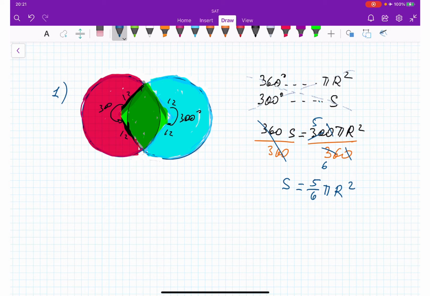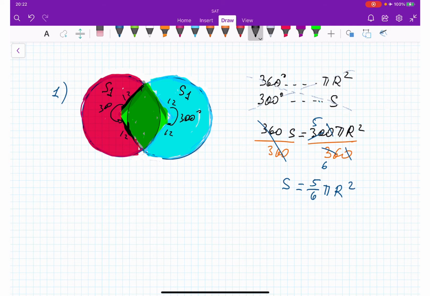All right. Next. Since this is the area for only one 300-degree arc, we have two of them, right? This is S1. This is also S1, because they are identical. Circles are equal by circumference and area.